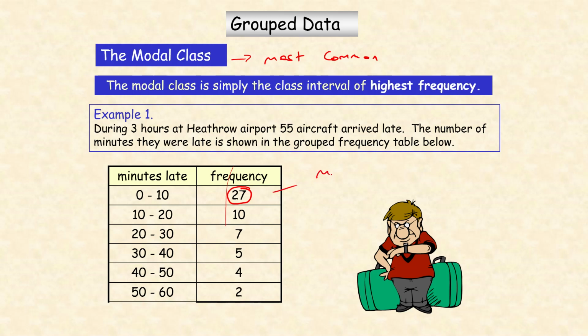So the modal class is equal to 0 to 10 minutes. Okay, that's our modal class there. Good. You don't have to draw the table again, but you can add modal class to the example we just completed. Hit pause, do that. When you're ready, hit play again.